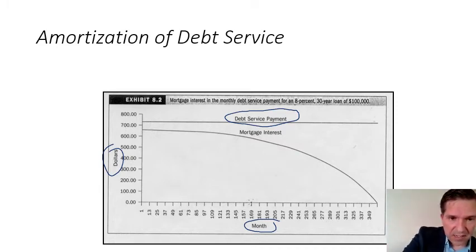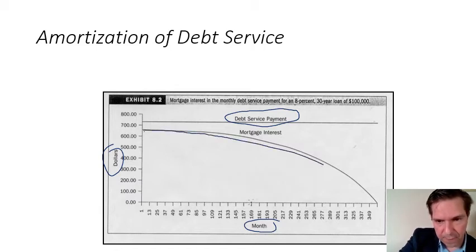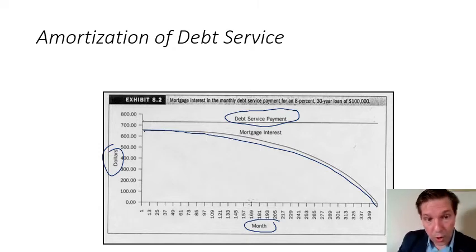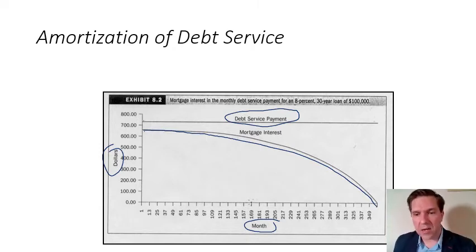Now notice that I don't have the principal here, which would essentially be the mirror opposite to this line. But if you look at the interest payment, which I do have in the diagram, it has a funny shape. What's interesting for you to notice is that in the beginning, because we haven't paid any of the money back, we owe a lot of money, so we pay a lot in interest.